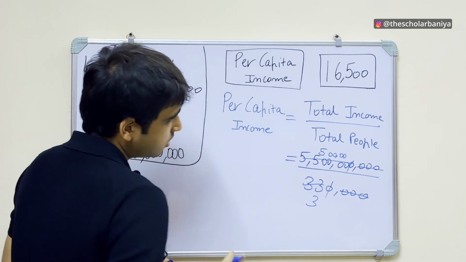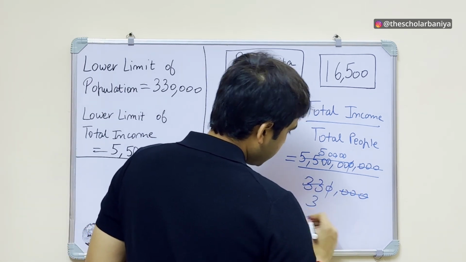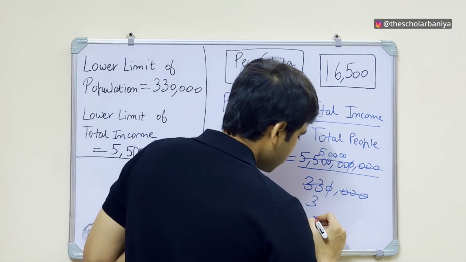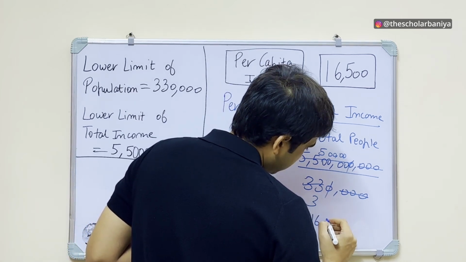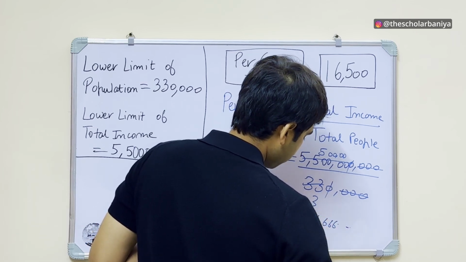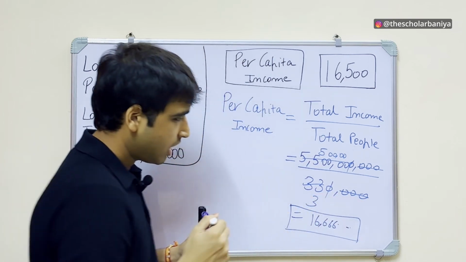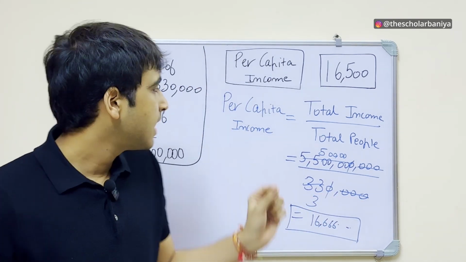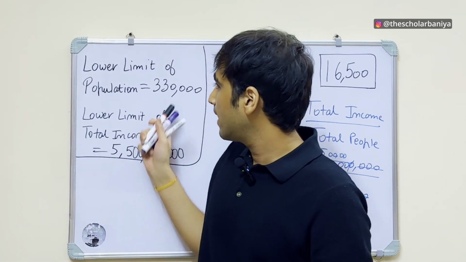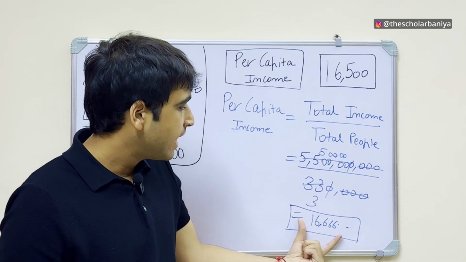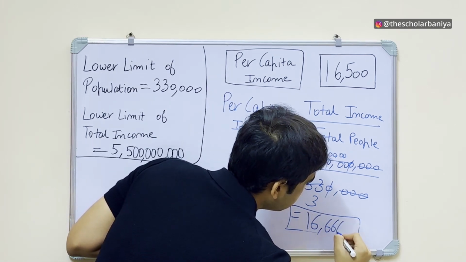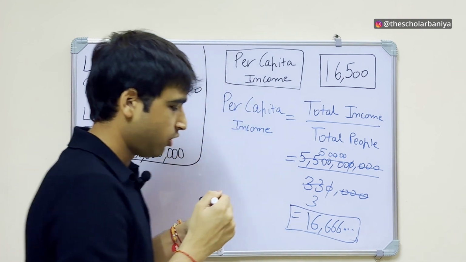So this will come out to be approximately 500,000 divided by 3, which is, 16 threes are 48, so this will be around 16,666, something like this. I mean, you can solve this later. The per capita income is total income upon total people, so if you divide the total income by the total population, you get 16,666 point something of this sort, right?